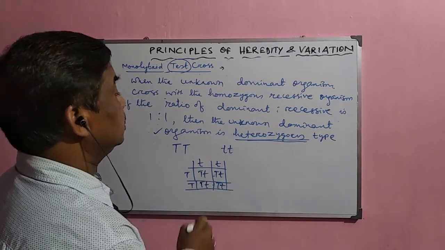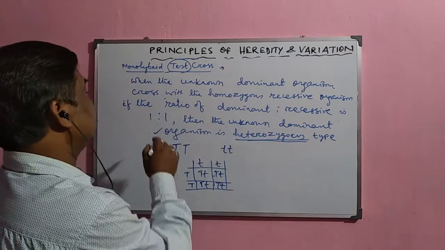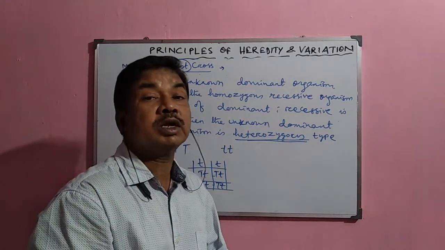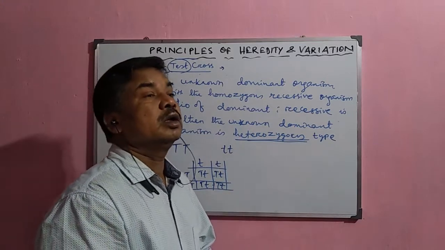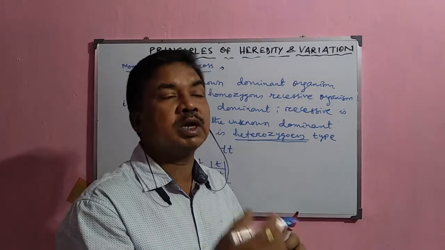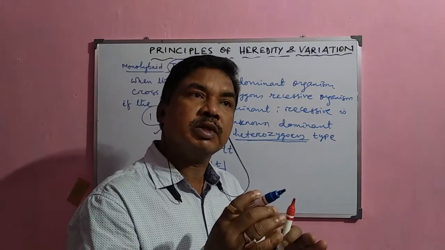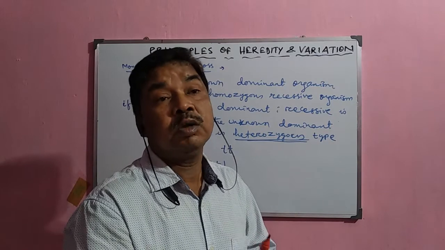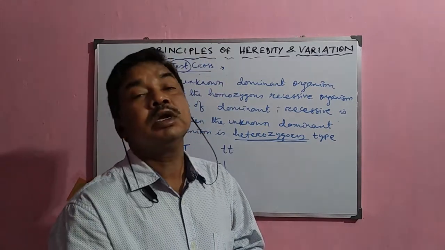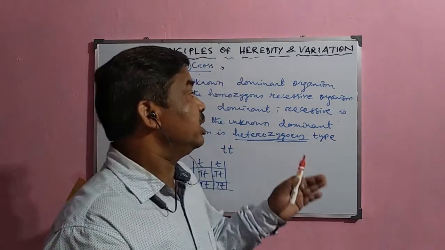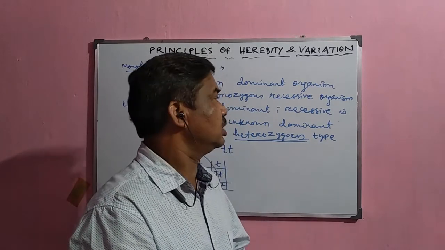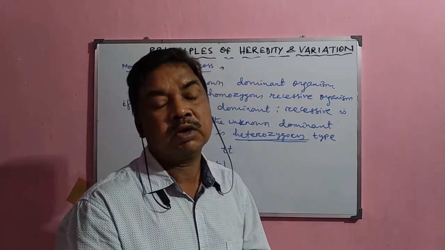So when it is heterozygous, then only we will find the 1:1 ratio. So this 1:1 ratio is found when the genotype of a dominant phenotype is unknown. Suppose the phenotype is tall, but whether it is homozygous tall or heterozygous tall is not known. That is why Mendel used this cross to identify whether the dominant one is homozygous or heterozygous.